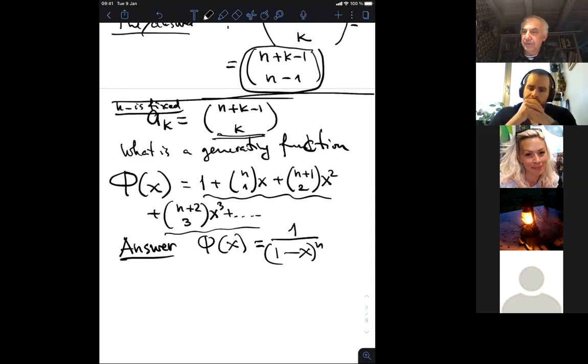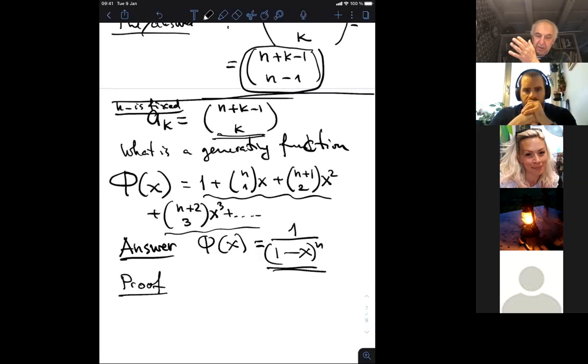And how do we prove that? So the proof is as follows. So we just want to calculate the kth derivative of this function here, and then we will want to multiply it by k factorial and see what happens.